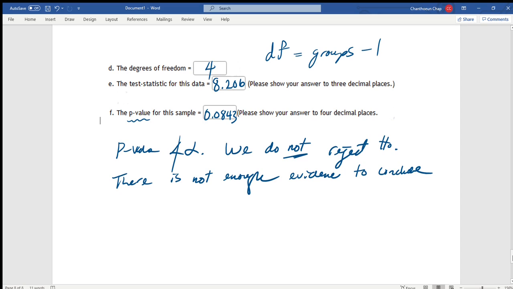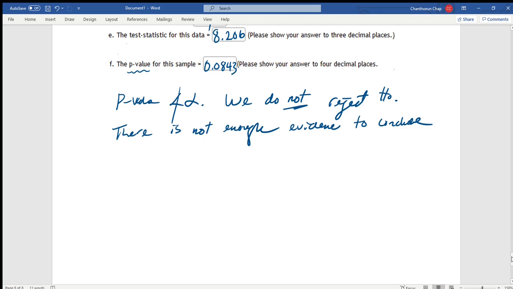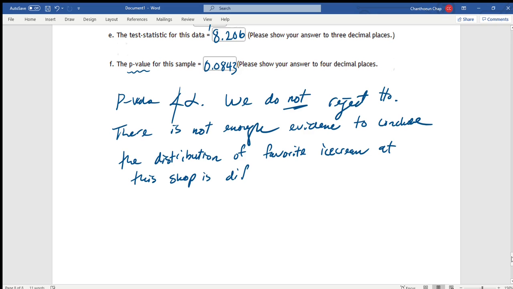There is not enough evidence to conclude the distribution of favorite ice cream at this shop is different than Americans in general.